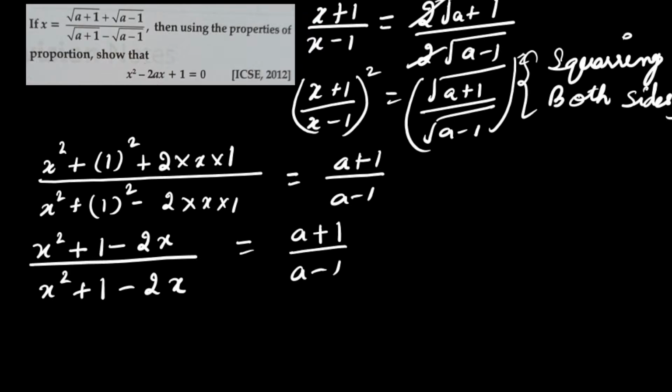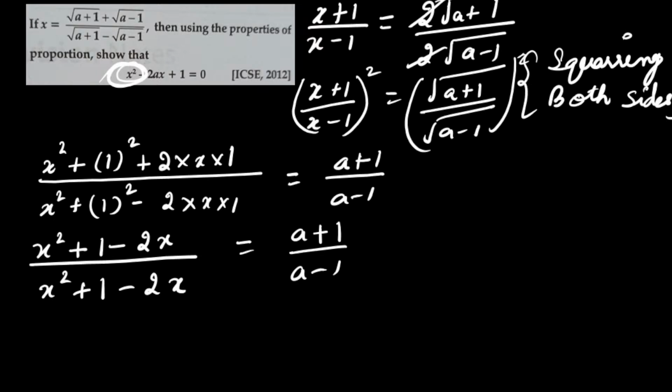Yes, now we have reached here. So what do we have to do next? See, our highest power in this also is x square. So we have got x square now. What can we do? We can just simplify it further, if you want, we can apply or directly we can simplify. Or what can we do?